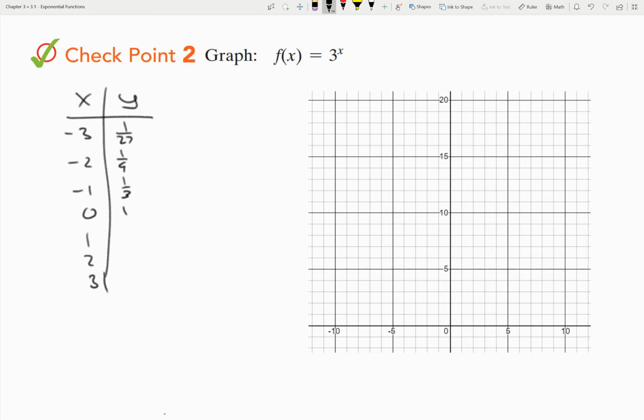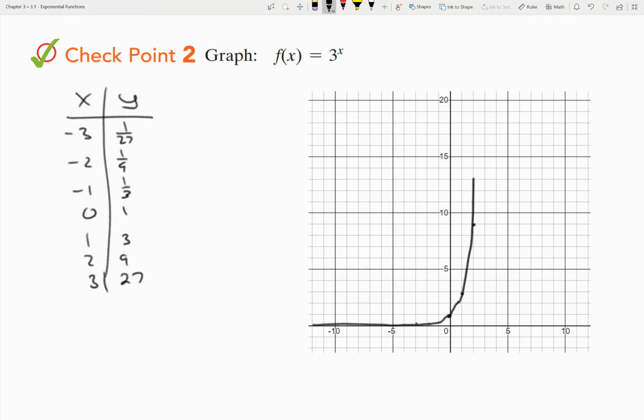Anything to the 0 power is 1, 3, 9, 27. And you can see that it's slightly different. 9 and up 27. The left side, it's harder to tell, 1/3, 1/9, but it still goes kind of flat.